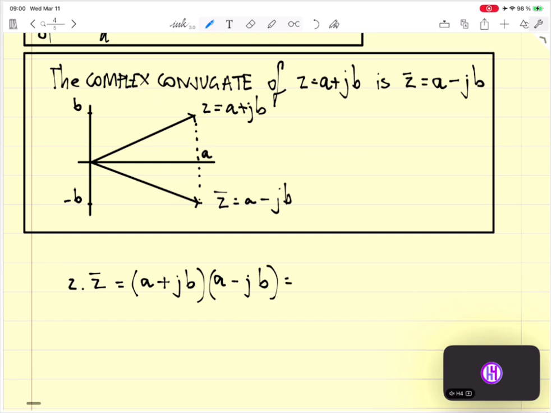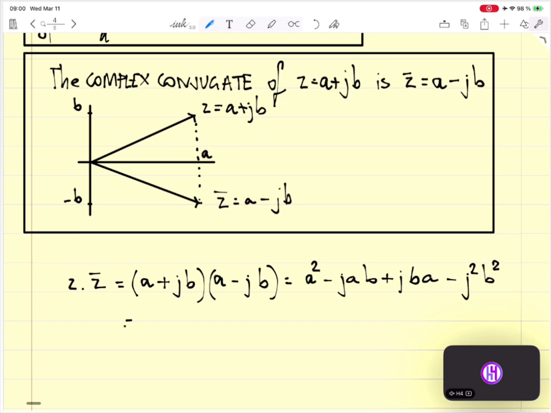This is going to be A squared minus JAB plus JBA minus J squared B squared.